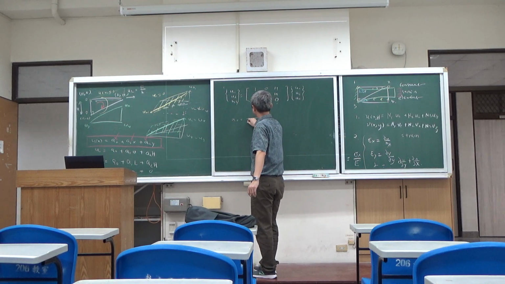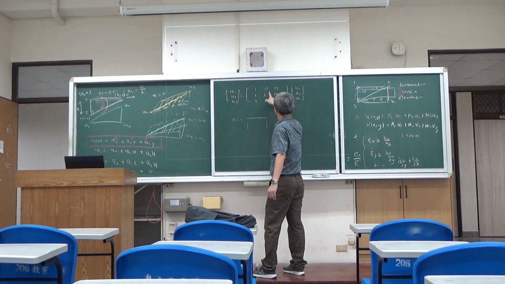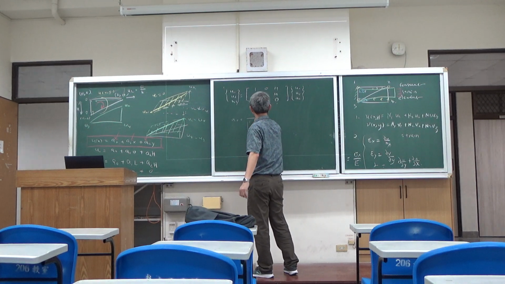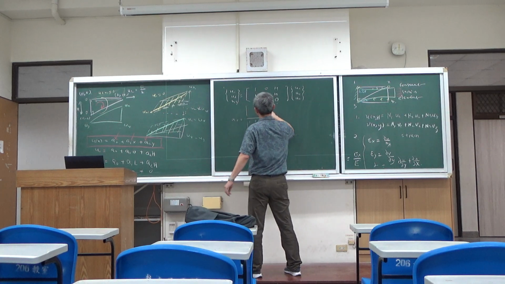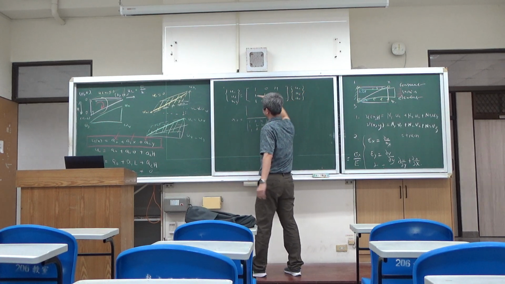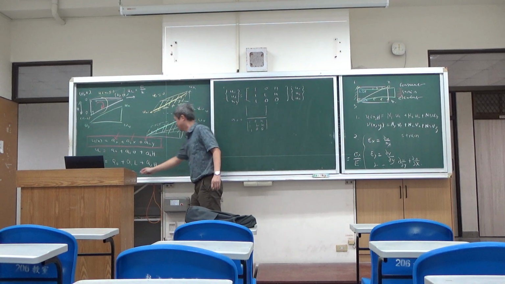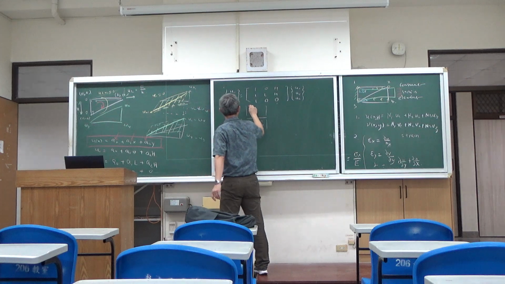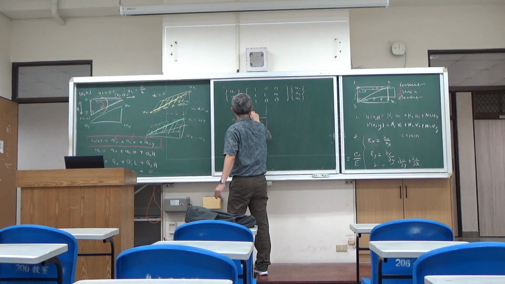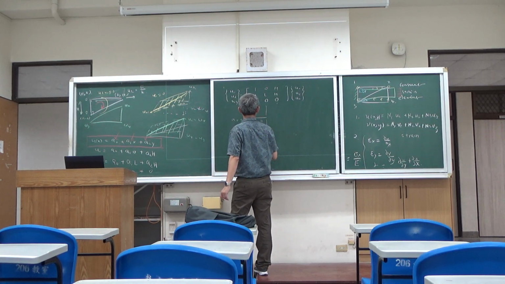If you do the inverse, 1 0 H, 1 L H, 1 0 0, and then A0 is the first variable, so my unknown is replaced by the displacement U1, U2, U3, and this one is 0, L, H, 0, 0.